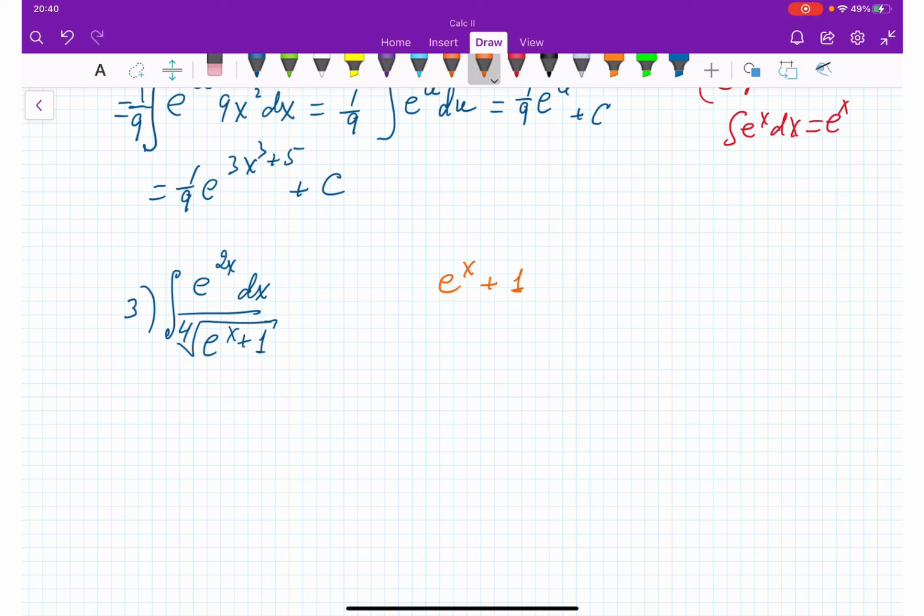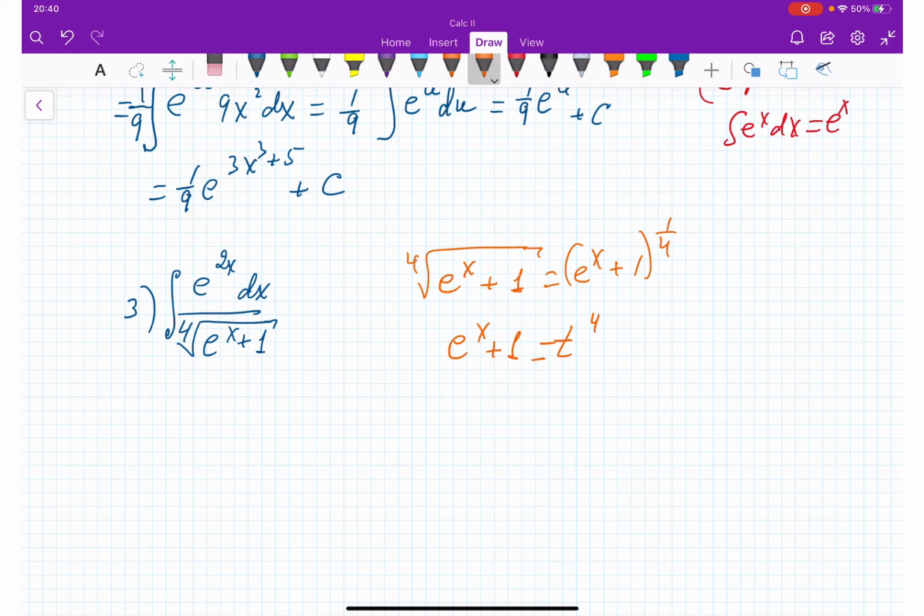The thing is, we have e to power x plus 1 to power 1/4, right? Because of the radical. Let me write it down like this: e to power x plus 1 to power 1/4. Since it is 1/4, the common denominator is 4, so I'm going to do the substitution based on the common denominator: e to power x plus 1 is equal to t to power 4.